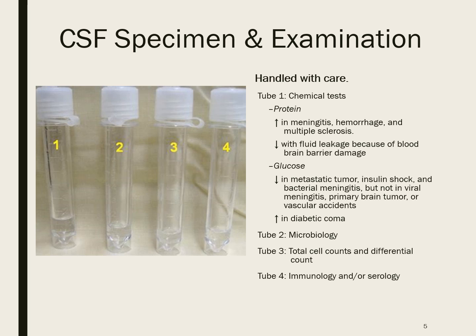But if there's any sort of fluid leakage because of that blood-brain barrier being damaged, then the protein would be decreased. With the glucose, it's decreased with certain things like bacterial meningitis. So this can help differentiate between bacterial meningitis and viral meningitis if they see that glucose level is dropped.